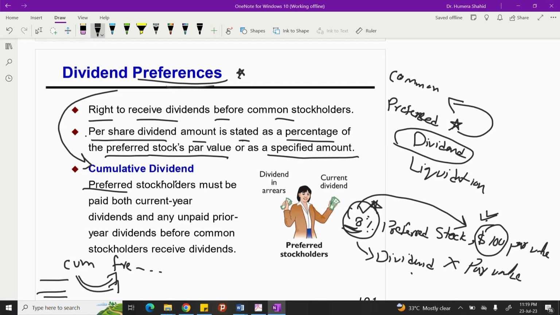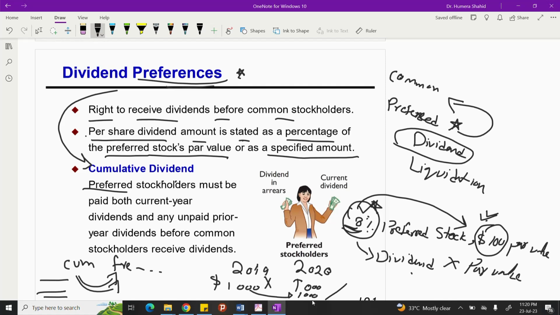It means that, let's suppose, in 2019 the preferred stock dividend is $1,000, but due to some financial complications the company has not declared the dividend, so this dividend was not paid to the preferred stock in 2019. So in 2020, preferred stock needs the 2020 dividend, which is 1,000, but they will also want this 1,000 from the previous year, which is arrear or payable from the previous year.